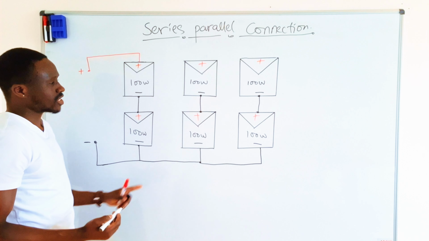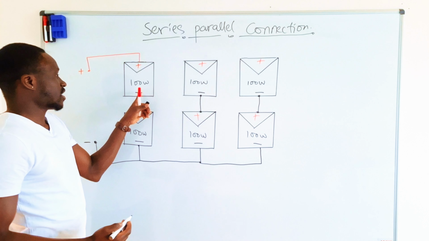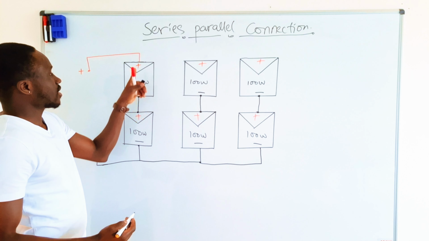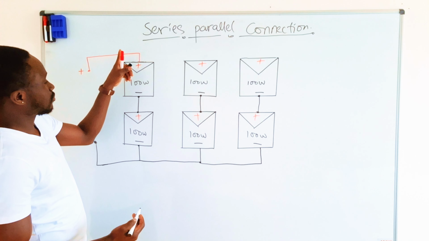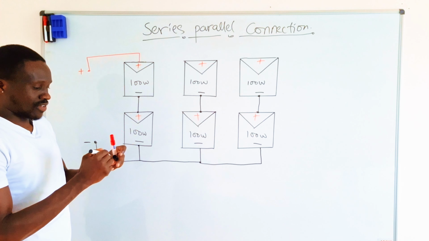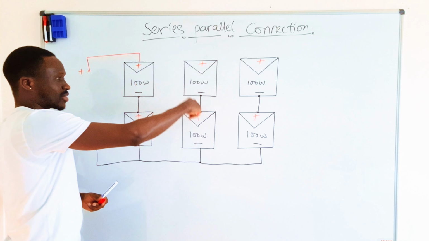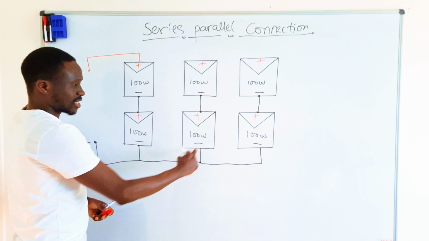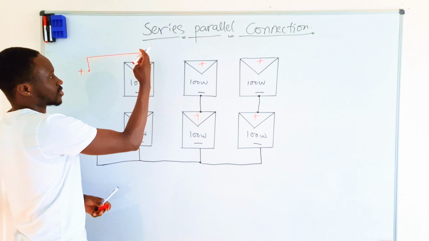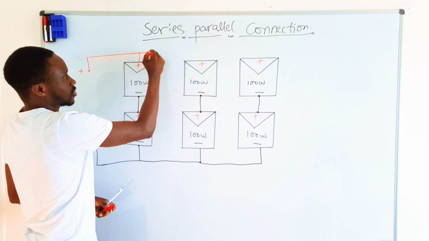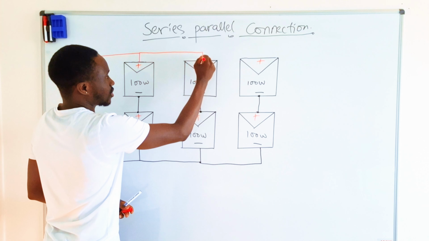Let us also connect the positive in parallel, because we have seen the series connection done. Now we are connecting them in parallel. Let's drive our cable to this panel.